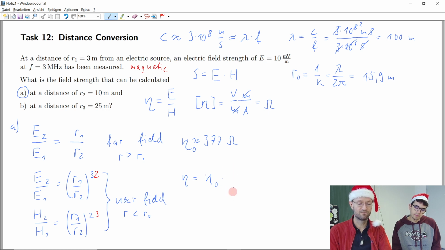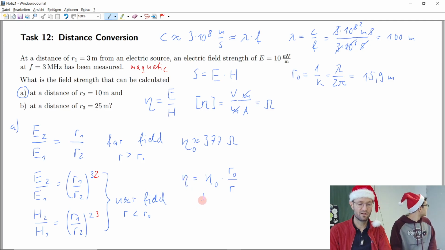So we get eta 0, and it needs to get larger if we go closer to the source. So how must the ratio between the distance and this transition distance look? What must be in the numerator? What must be in the denominator? If you think about this for a second, it must be like this, right? If this distance is smaller than the transition distance, something divided by something smaller is getting large, and so we get a high impedance field.